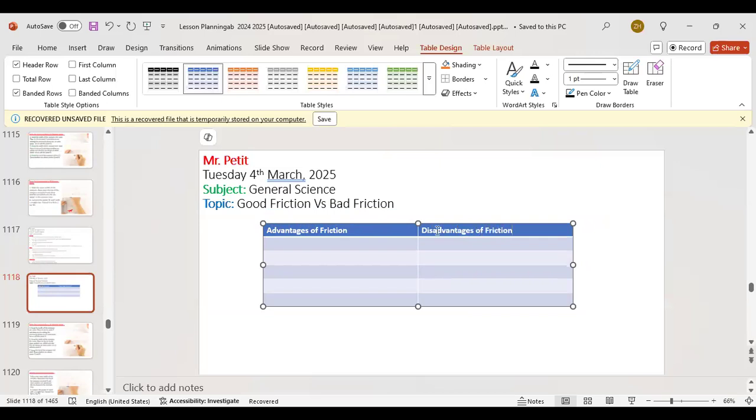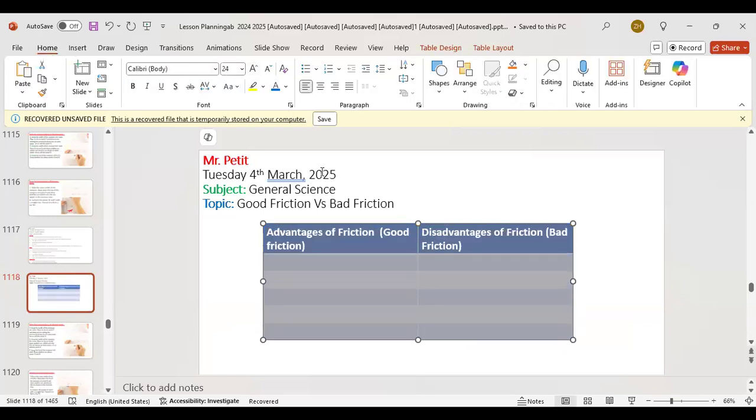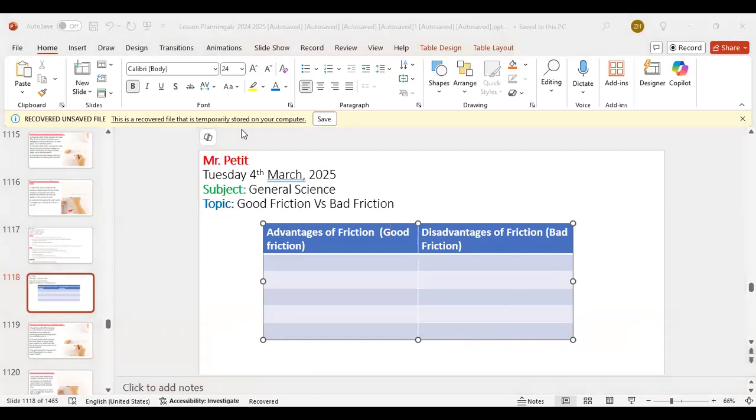On this side we're going to call this good friction, and this one bad friction. Good friction versus bad friction. When is friction ever good? So we're going to draw this table. Draw this table for me, please.